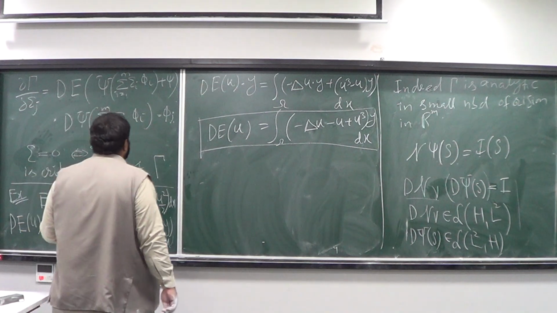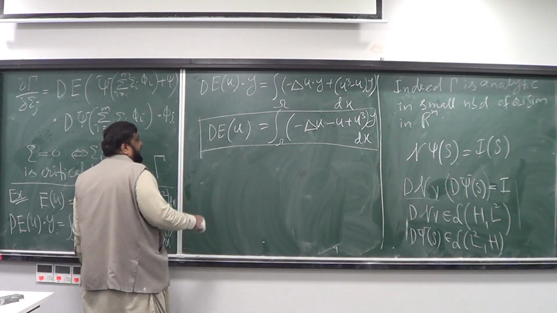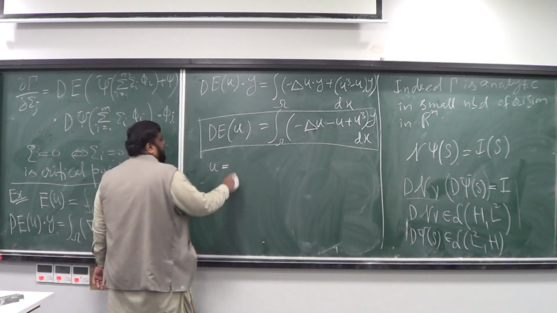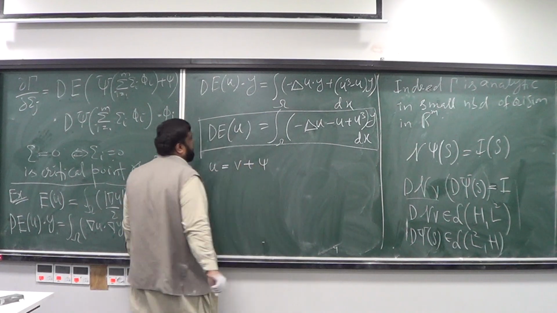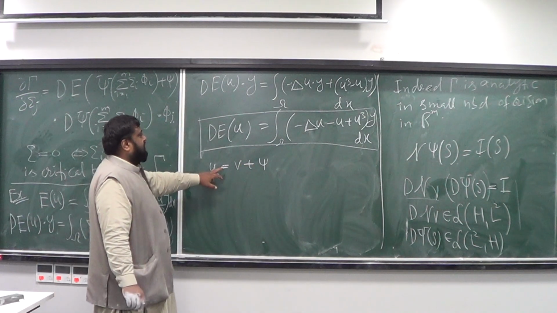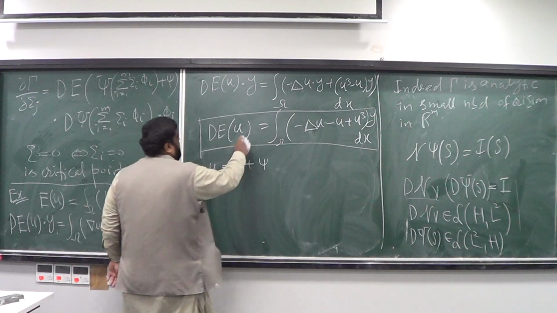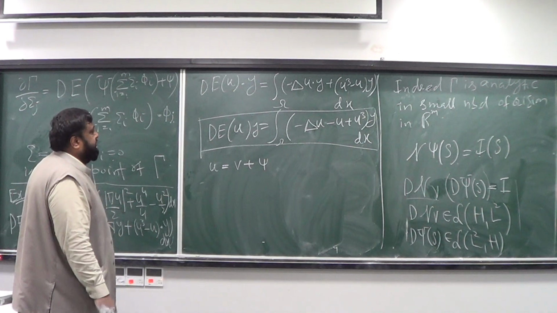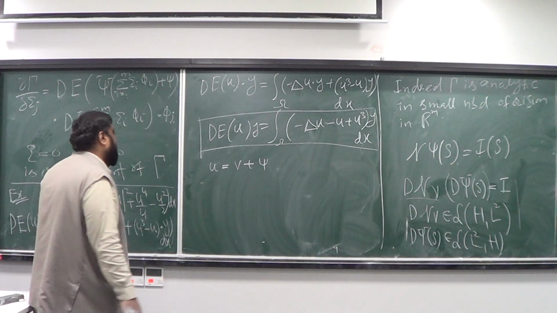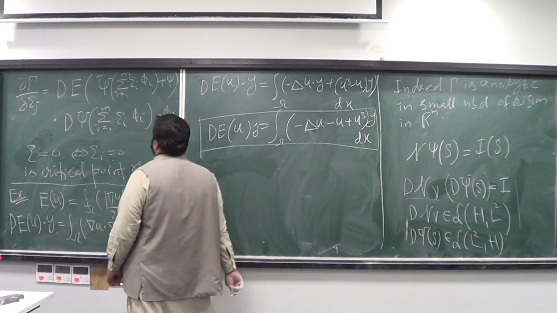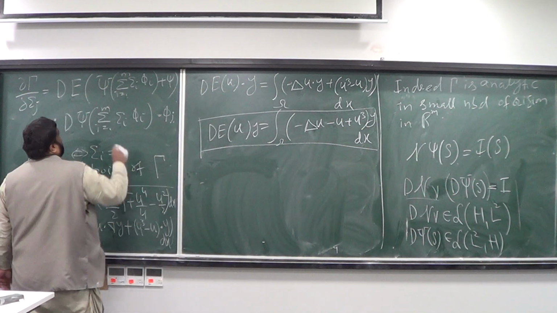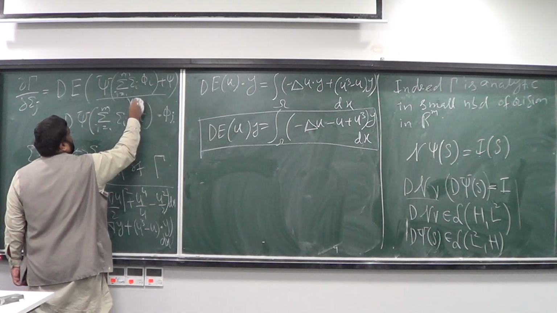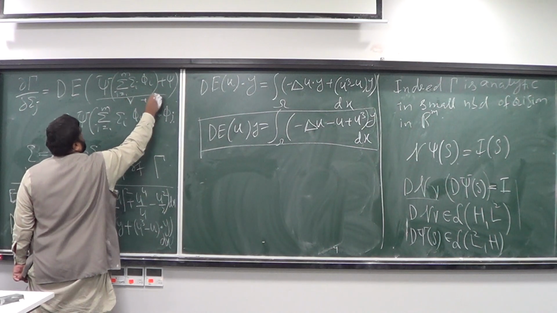Now, so here's the thing. If I now take a u which is a sum v plus psi, and on that u I operate a psi. In other words, I can say that let's take this expression as something v, plus psi.